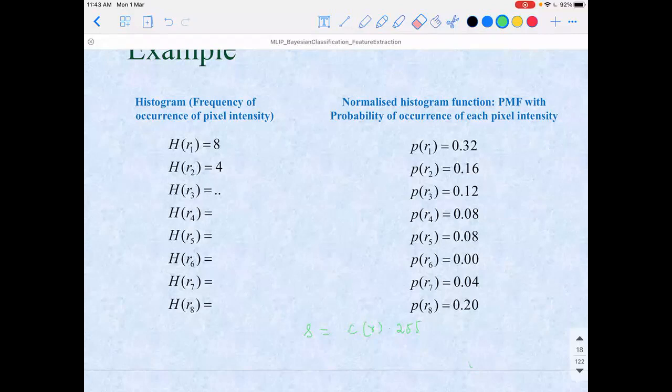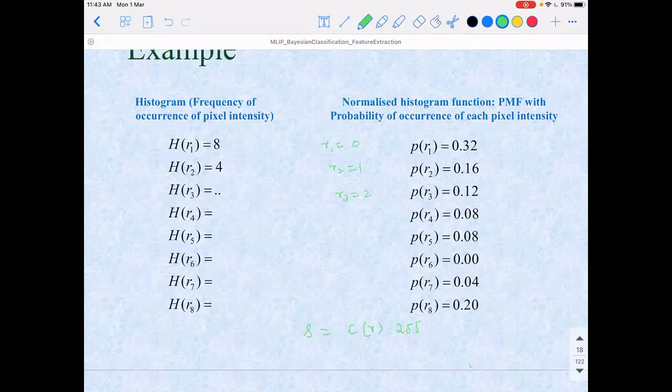There you can see the exact values, but let us see now if we can make the expression and understanding clear. Previously, let R1 be equal to 0, R2 equal to 1, R3 equal to 2, and so on. Let these be the 8 intensities.